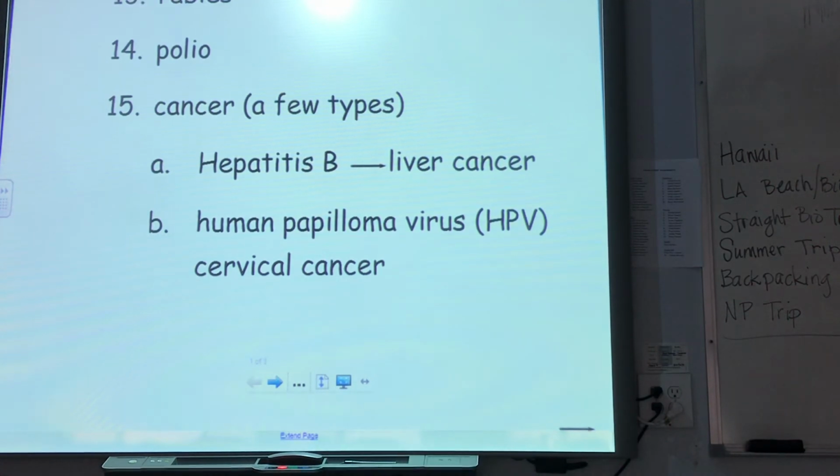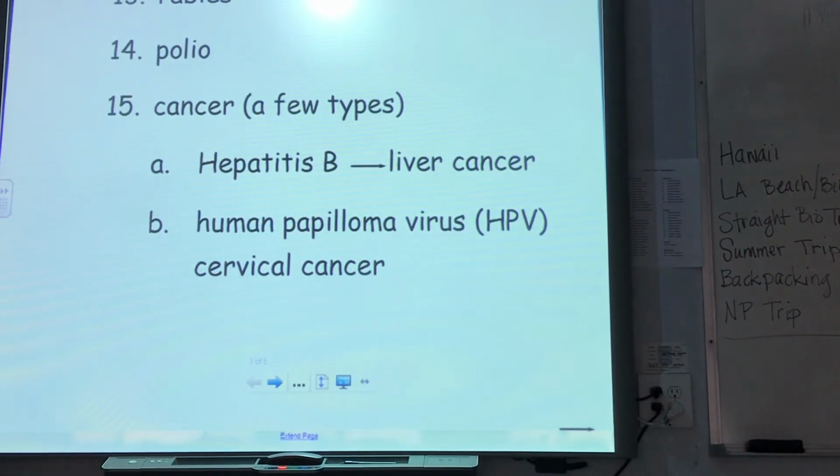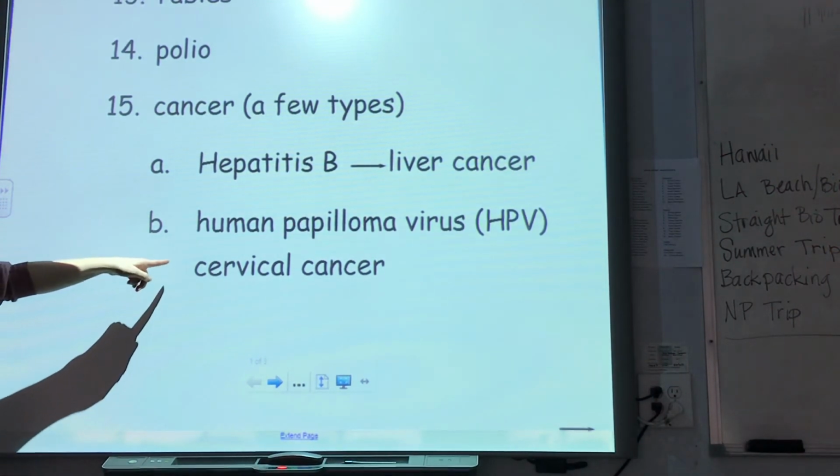So it will invade your cells and cause them to make tumors. Another viral cancer is cervical cancer. This is for girls. You have cancer of the cervix, which can kill you. But boys, you can also have it as well.